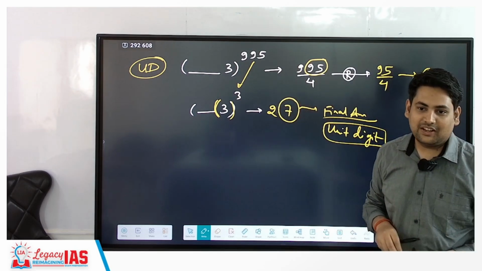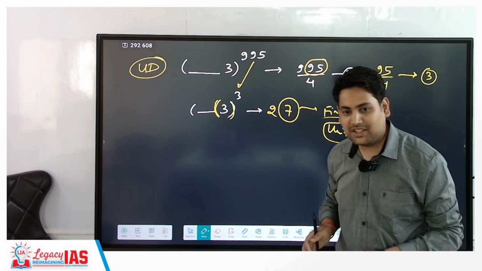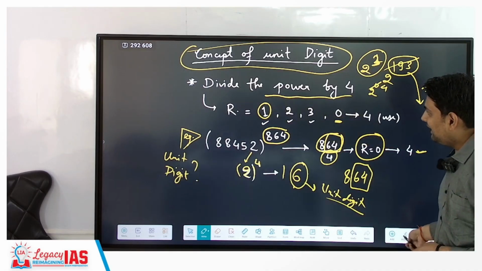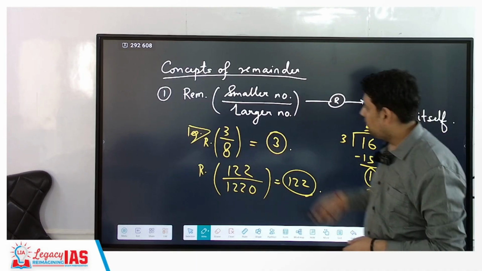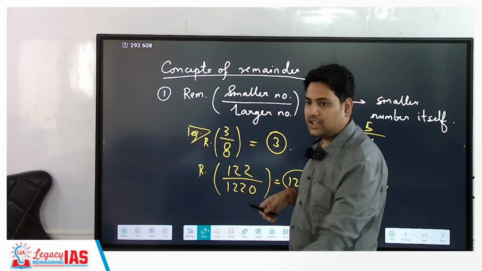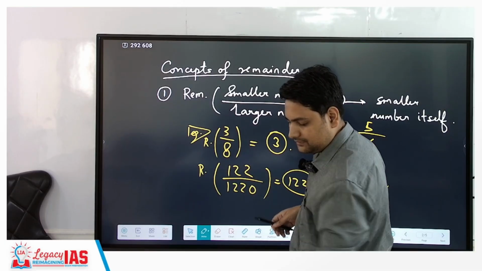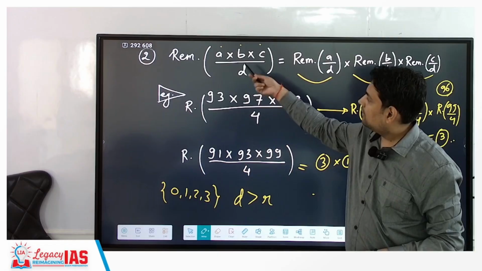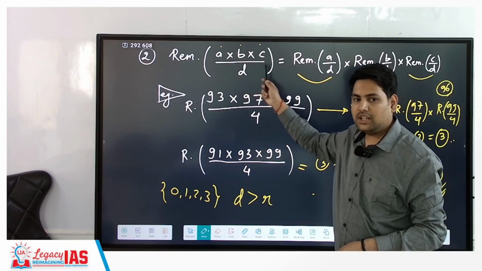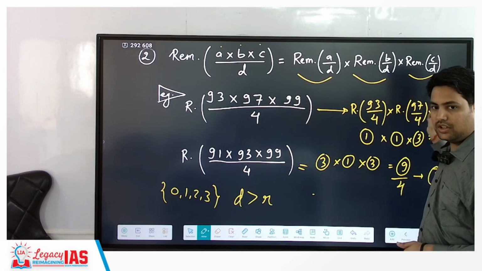Understood? Now you understood all the 3 concepts separately. First, what did we learn? That when a smaller number is divided by a larger number, the remainder is the smaller number. Then, we learned that when we have to find a remainder for something like this, we can distribute it.